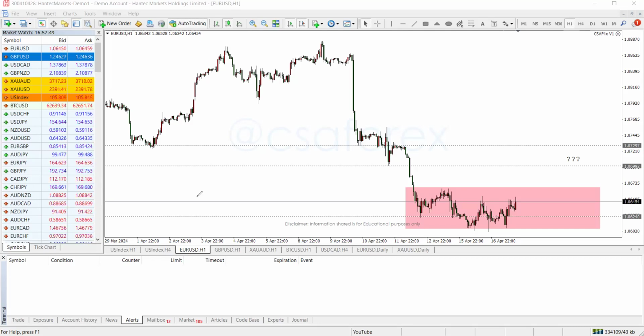And this is a normal thing that happens most times after we have a serious move in the market, whether it's a bullish move or it's a bearish move. As you can see right in front of us, here was the sideways market right from the beginning of this week, Monday, and then today is Tuesday.